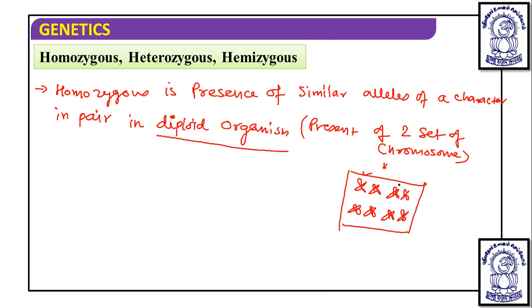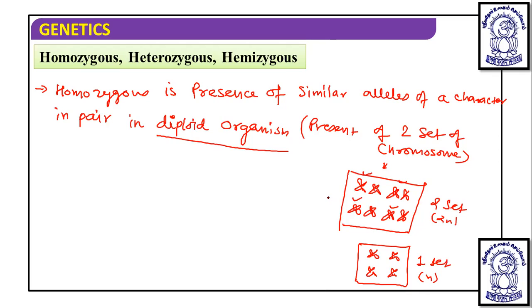Suppose these are maternal chromosomes and the remaining are paternal chromosomes, meaning these are received from the father and these are received from the mother, and they are forming pairs. So the maternal set and paternal set, two sets are there, so it is known as diploid. But if there is only a single set, not in pairs, it is known as haploid, and gametes are always haploid.